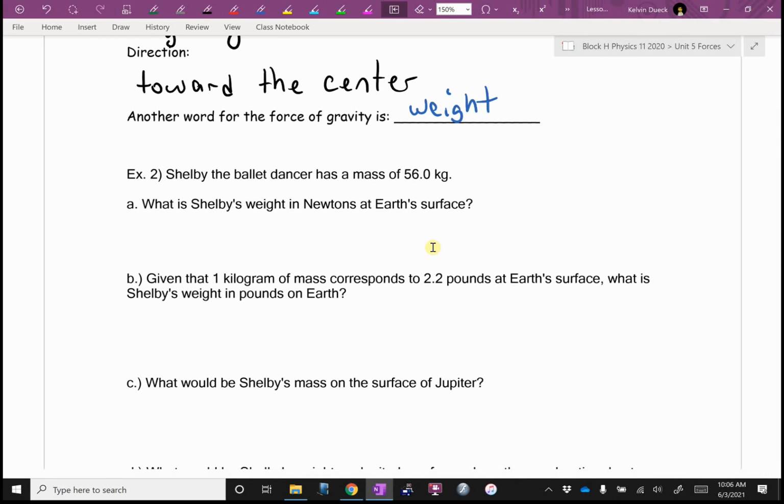I said at the Earth's surface because you'll learn next year that as you go further from the Earth, that 9.8 gets smaller and smaller, but we don't have the skill to deal with that yet. How would I calculate weight? mg. So it's going to be 56 times 9.8, which is what? 548.8. Is he right?